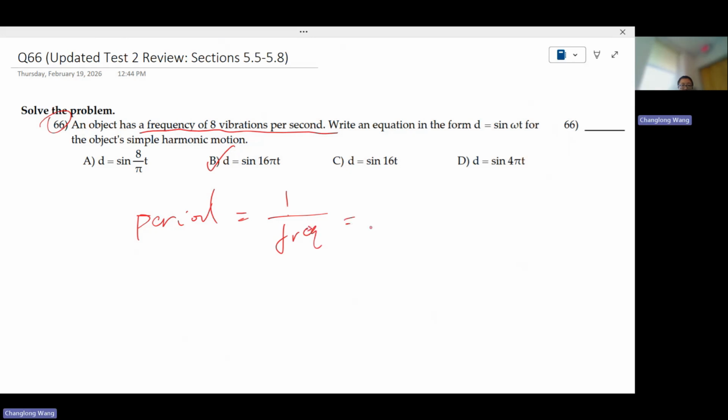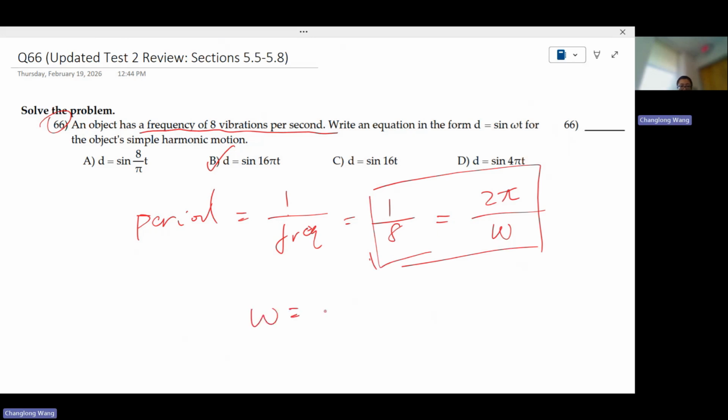So that must be 1/8. But I know that the way we calculate the period is take 2 pi, right, divided by whatever constant is in front of the t, and somehow they use that fancy letter omega, right? So now you're solving for omega, right? And I'm sure that if you do the cross multiplication, you'll see that omega has to be 16 pi.